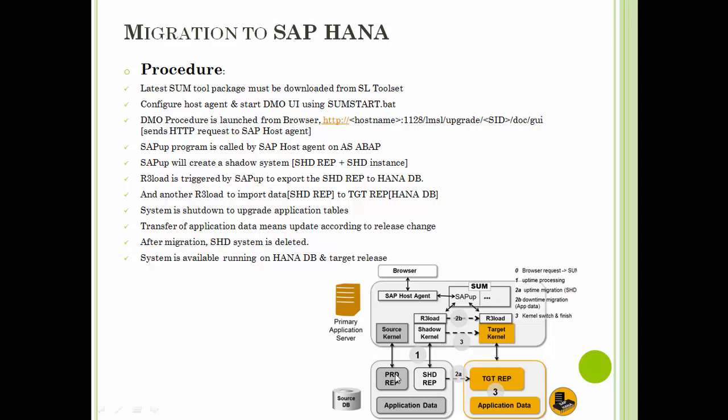And this shadow repository is based on the shadow kernel, which is running on the primary application server, but for the target release, that is, the target release supported by SAP HANA. If the source kernel is 700, the shadow kernel will be 740, which is supported for SAP HANA.